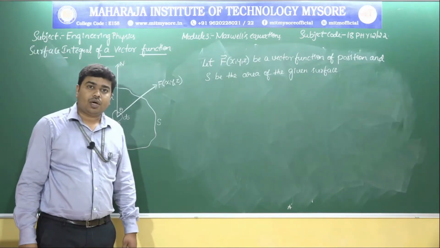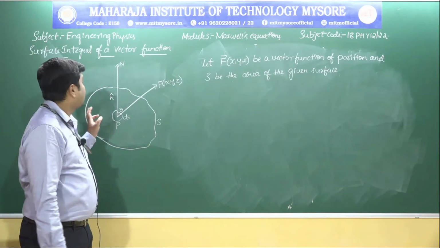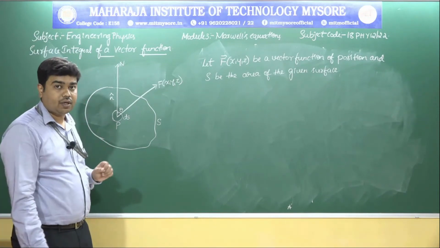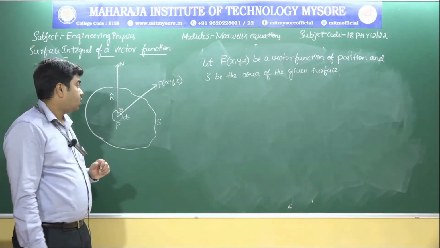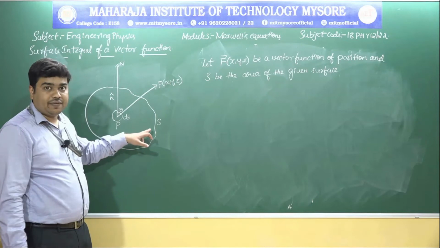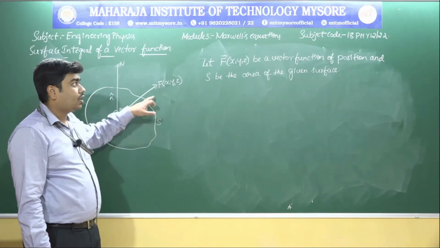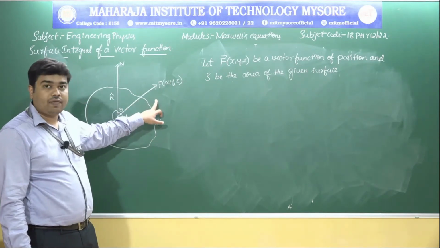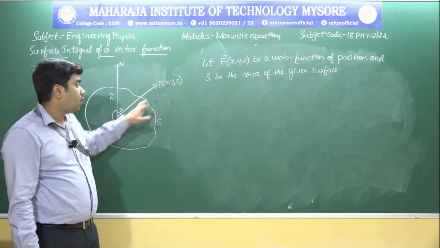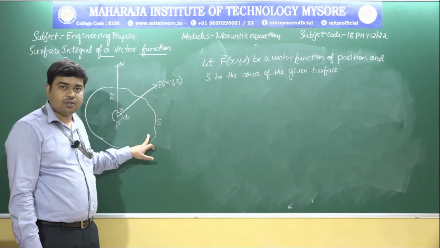The next topic I am discussing is surface integral of a vector function. Now let us consider a surface S and let f of x, y, z be a vector function of position and S be the area of the given surface.